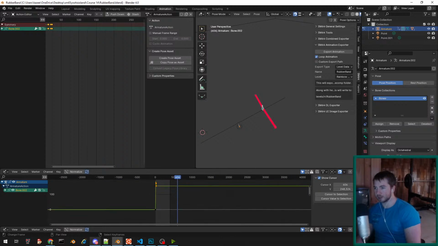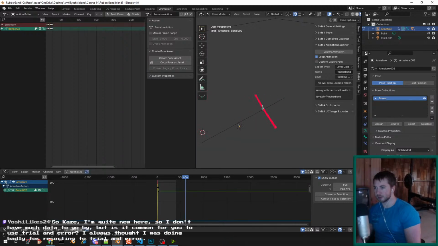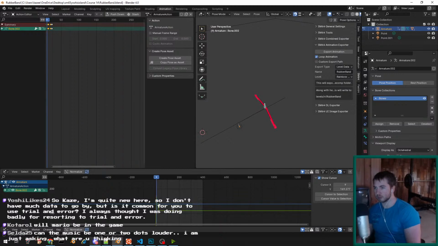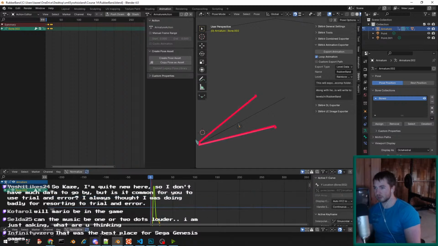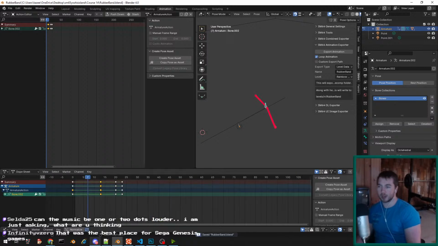This is like one value per axis too. I never added a curve like this.